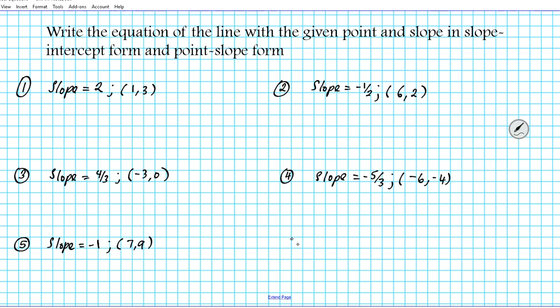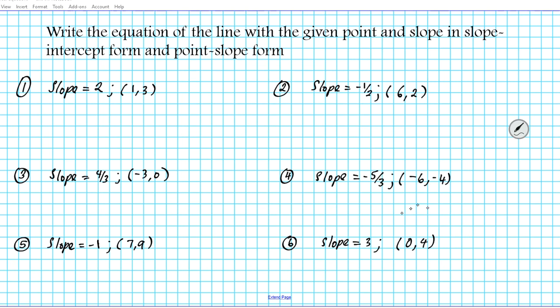And then lastly, for number 6, what if you have a slope of 3 and the point that it goes through is 0, 4. Okay, so what we would like you to do, go ahead and pause this video, try out these 6 problems, and then when you're done, click back on the play button so you can see what the answers are.